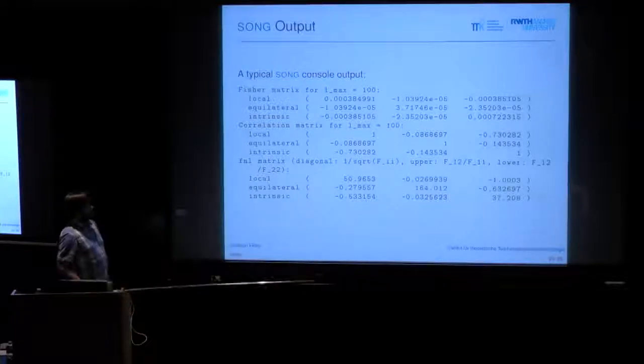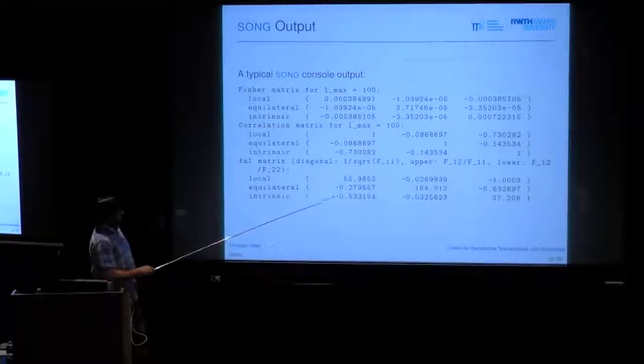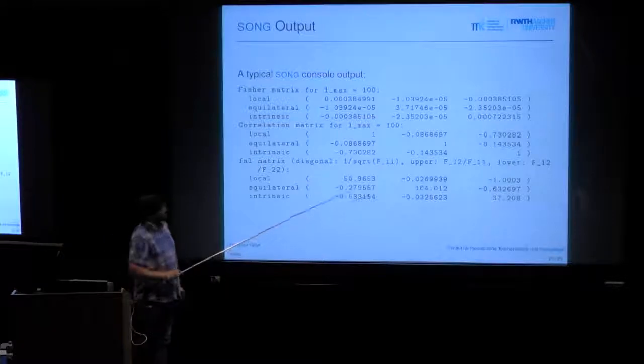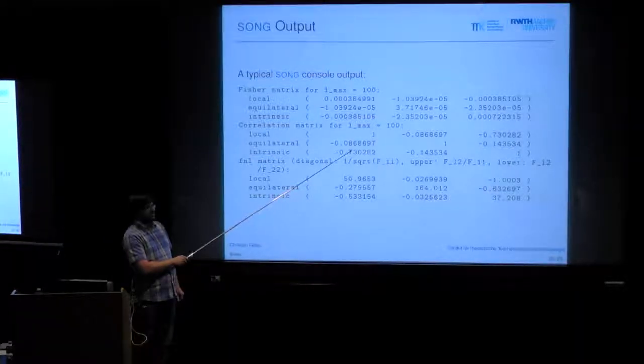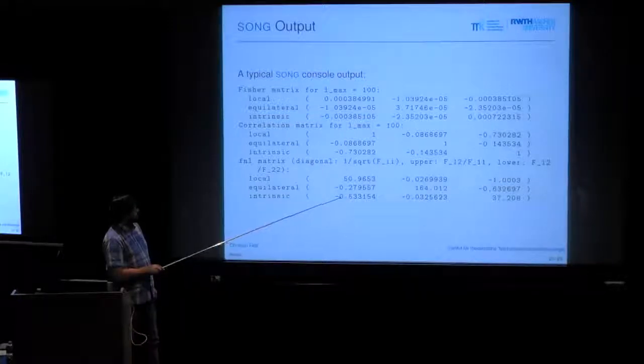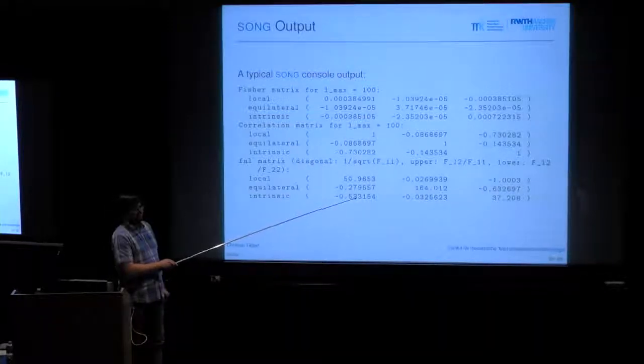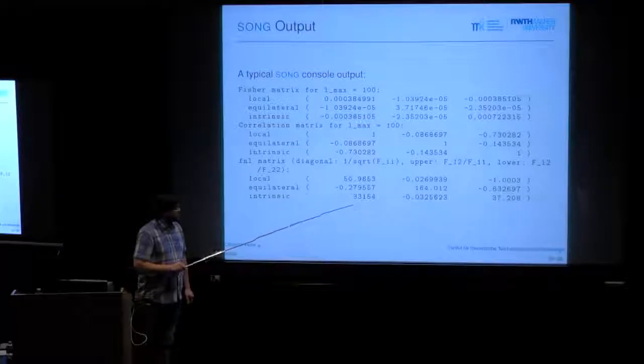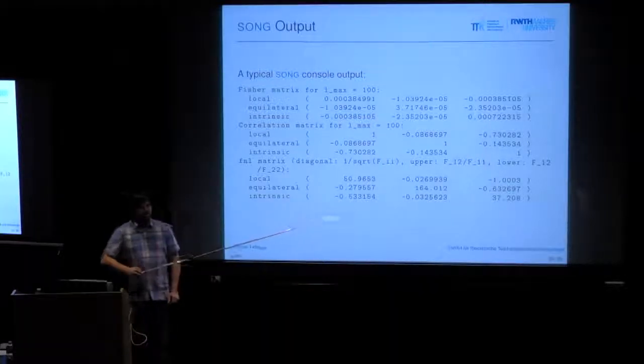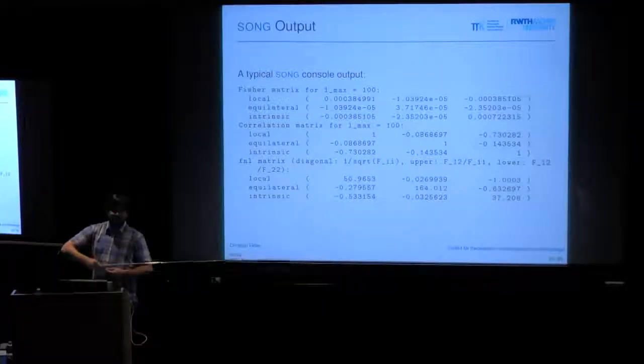What will I measure? This term tells you that if you have an intrinsic bispectrum, but you look for a local bispectrum, because the two shapes are correlated, you will find a local bispectrum of amplitude minus 0.53. And this tells you how much the intrinsic bispectrum will contaminate your local FNL measurement.